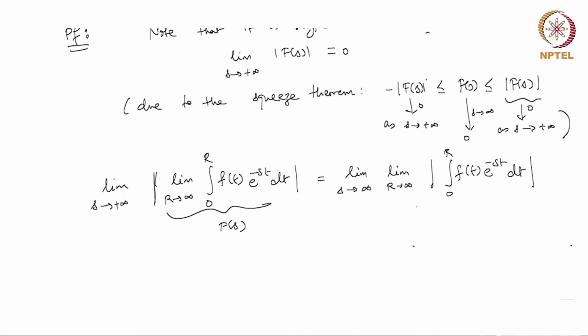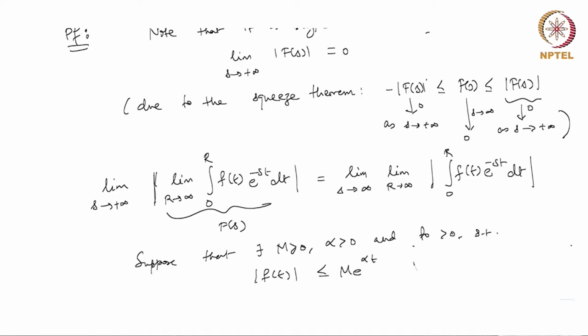Now we know that because our f(t) is of exponential order, suppose that there exist constants M, alpha and t naught such that the modulus of f(t) is less than or equal to M e to the power alpha t for all t greater than or equal to t naught. This is just the exponential order property of this function f(t).